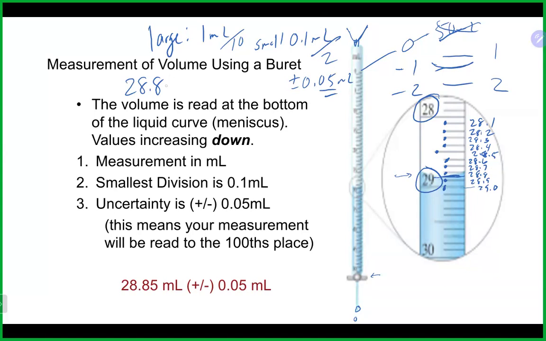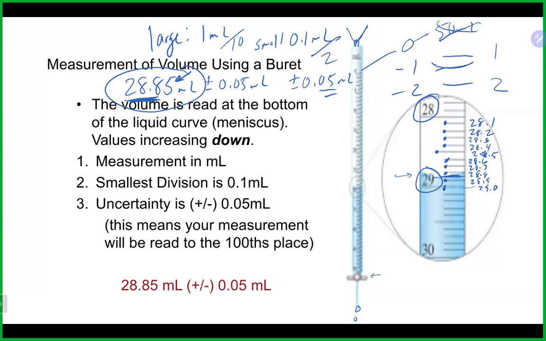So they went with 28.85 milliliters, and again, plus or minus 0.05 milliliters. This number would have how many significant figures? That would have 4 significant figures. All the certain numbers would be significant. The first uncertain number would be the 5 at the end, which would give you 4 significant figures in this particular case. Any questions on that?